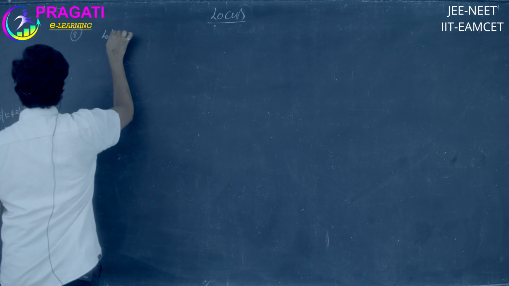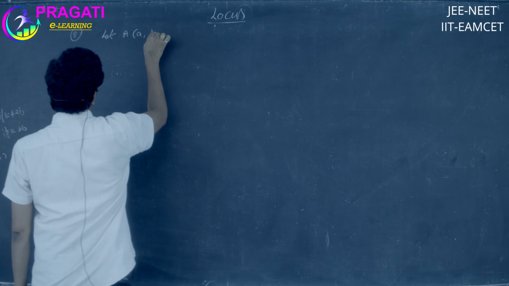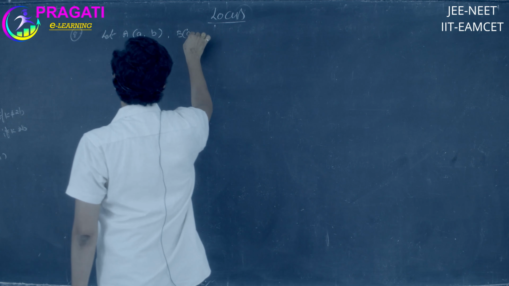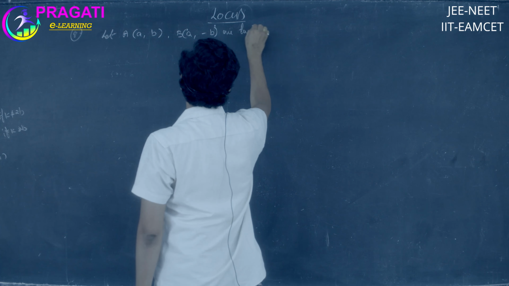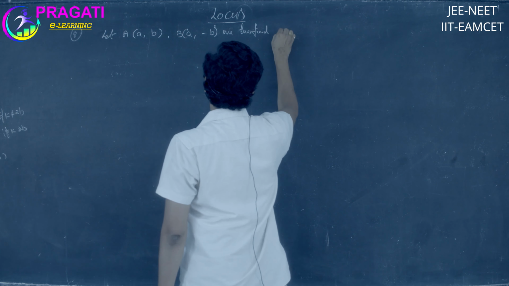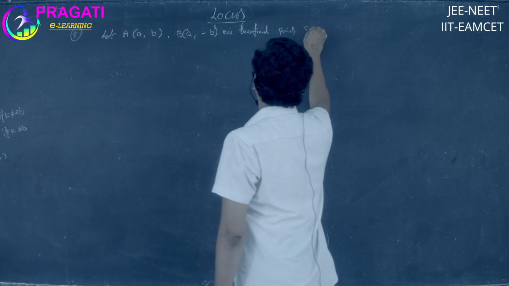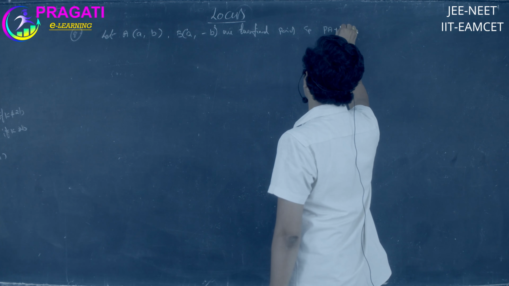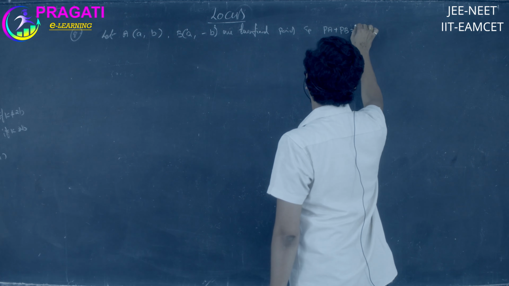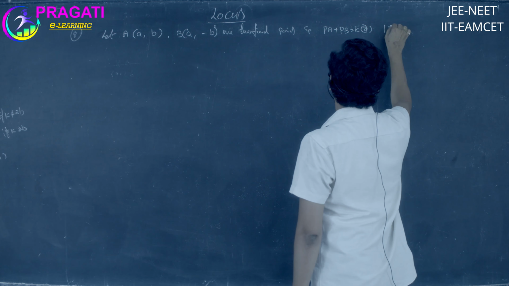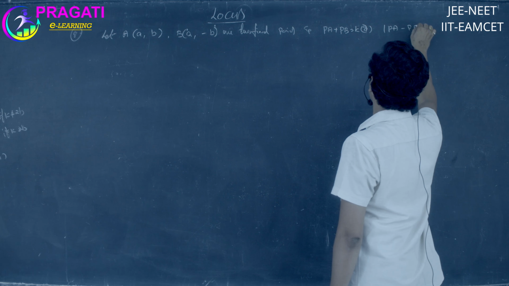Let (a, b) and (a, minus b) be two fixed points, and PA plus PB is equal to k, or mod PA minus PB is equal to k.